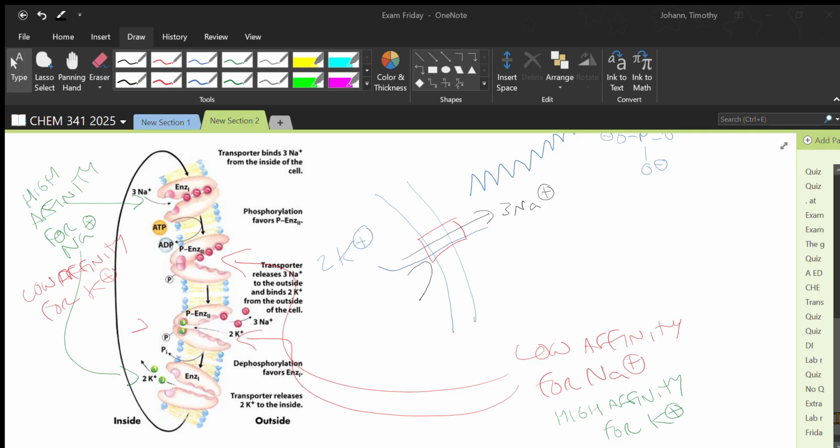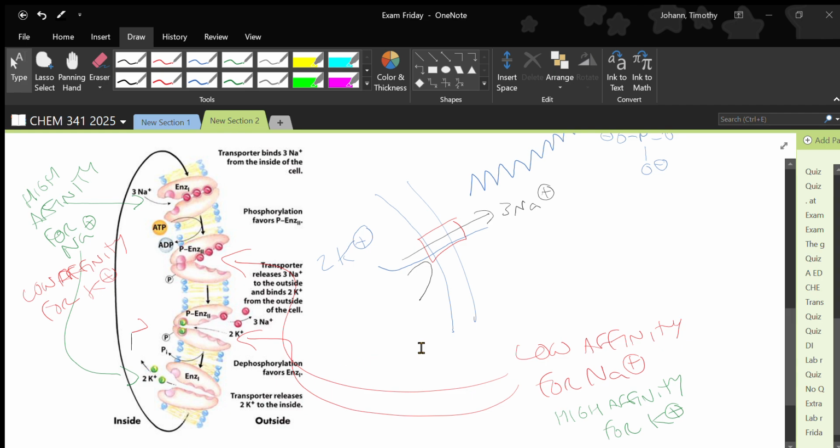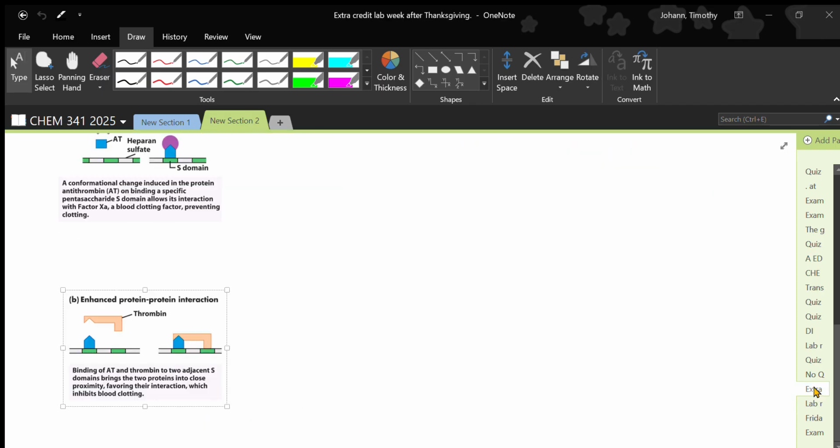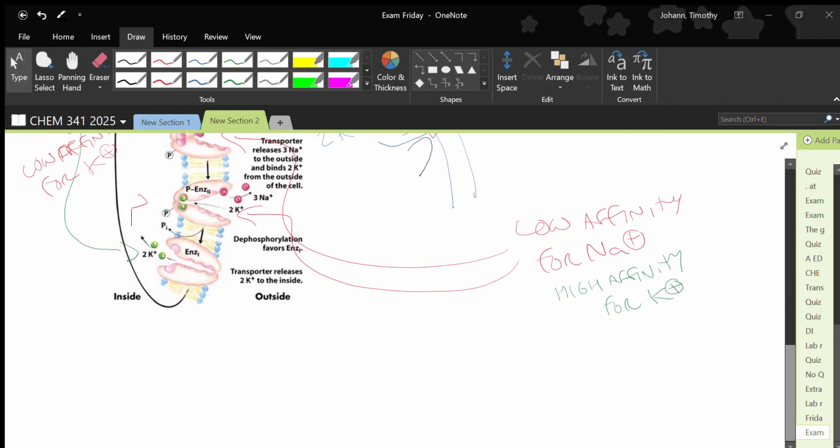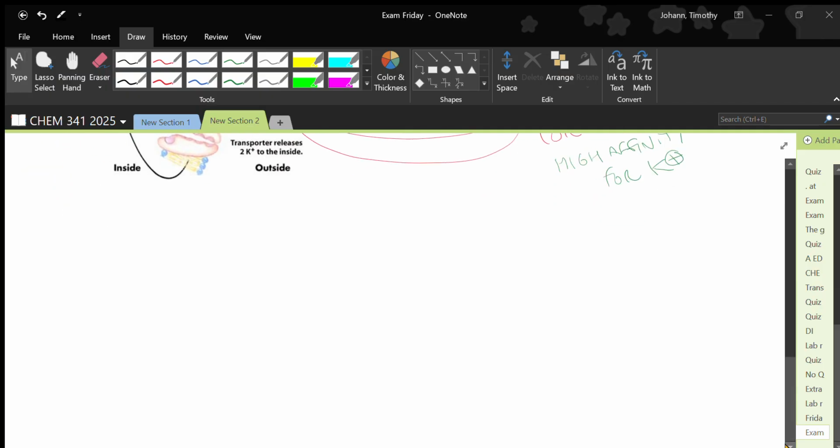Yes? Can you go over secondary active transport and what a symport and antiport are? Yes. So let's go back and look at, there's a nice figure for this. It's not that important. So let's just first talk about what symport, antiport, and the other one are, which was that? Oh yeah, uniport. I was trying to think of what the two in the same direction was. It's symport.